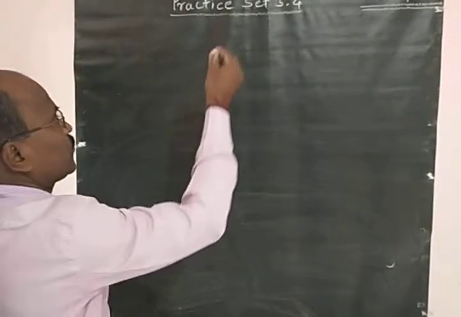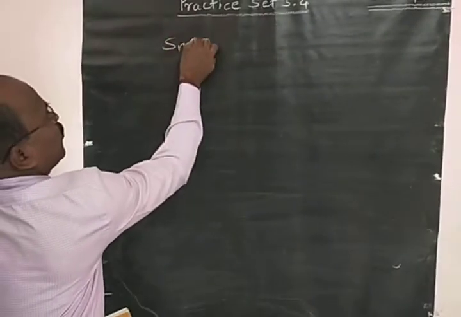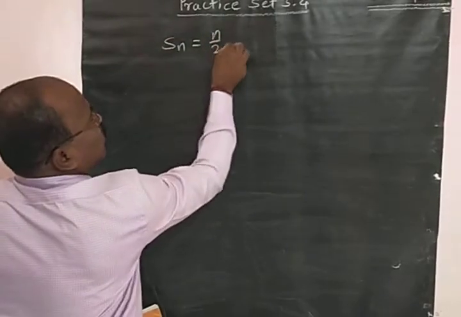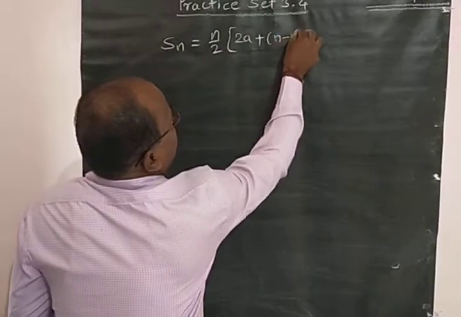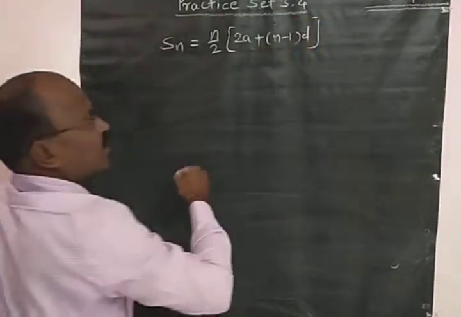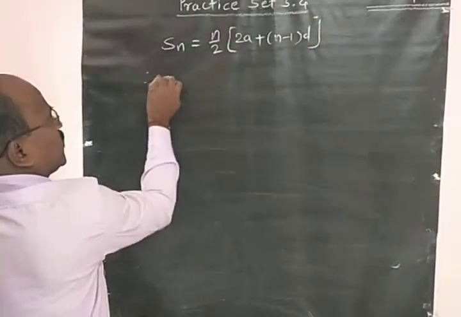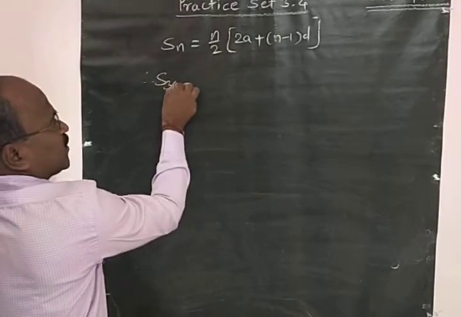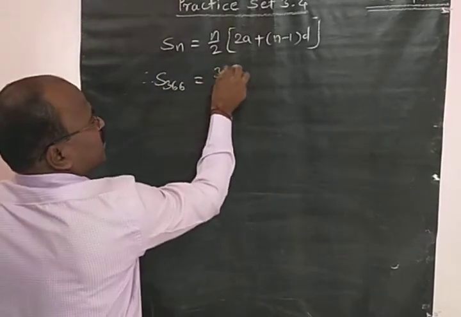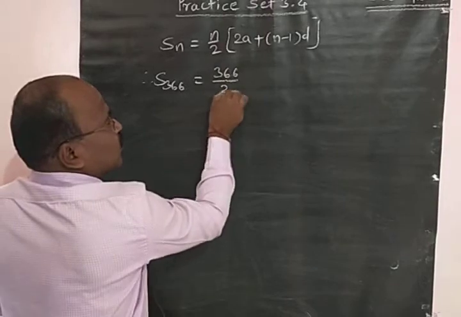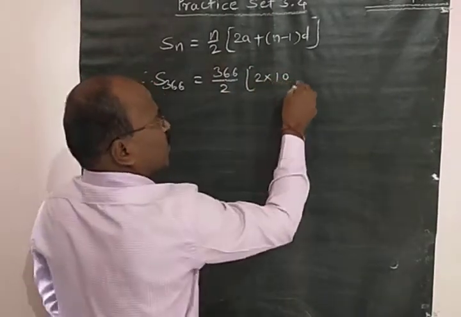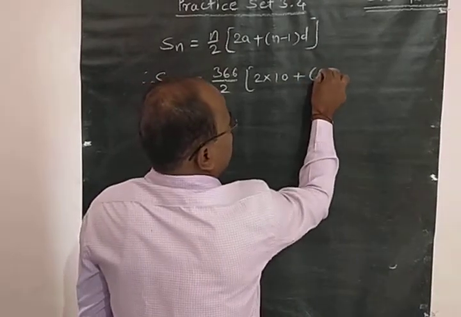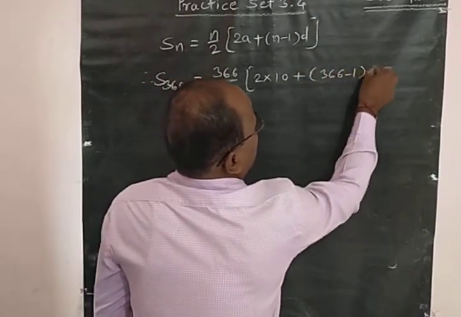for that use Sn is equal to n by 2 into 2a plus n minus 1 into d. So put here n is equal to 366. So S366 is equal to 366 divided by 2 into 2 into a, a is 10, plus n is 366 minus 1 into d, d is 1.